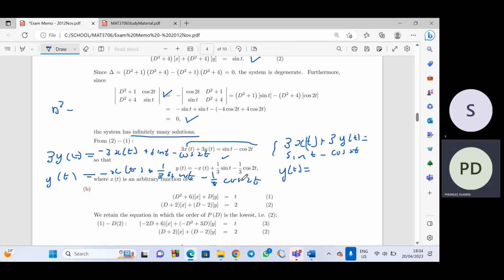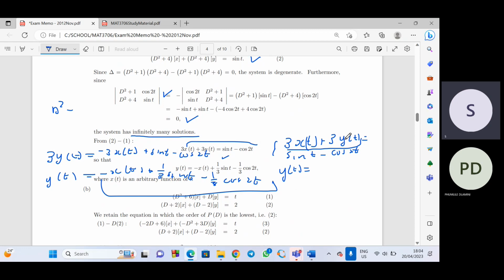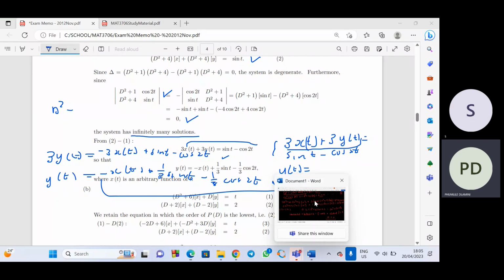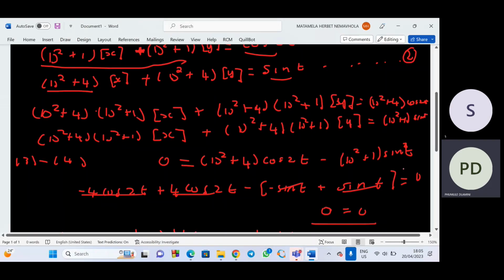So when you substitute this function into this equation here, you are going to get 0. Do you get what I'm saying? Yes, I understand. When you substitute this, you get 0 the way I worked it out here. We get 0 equals 0.